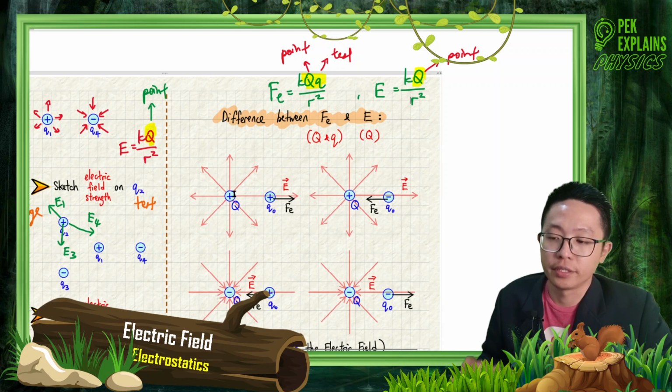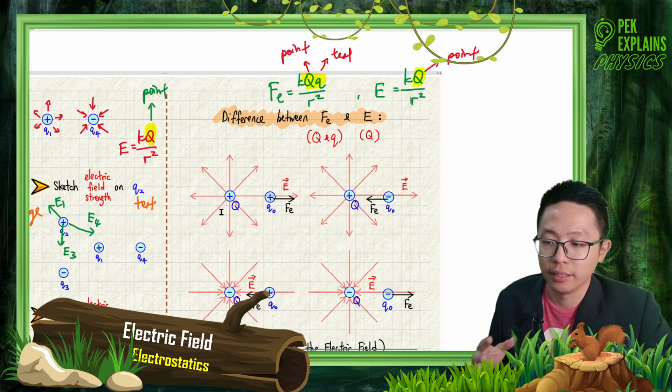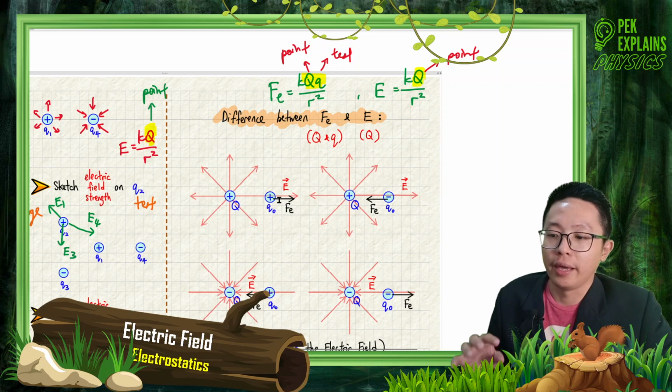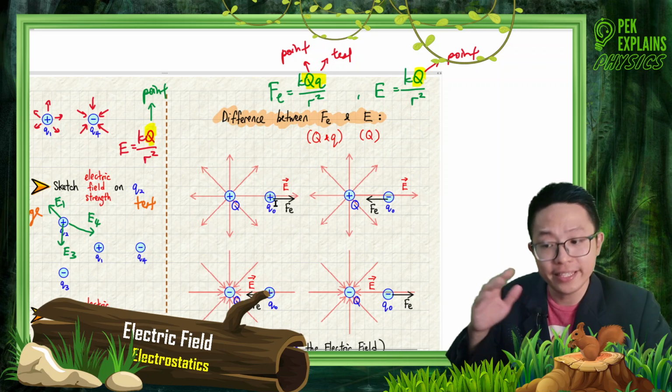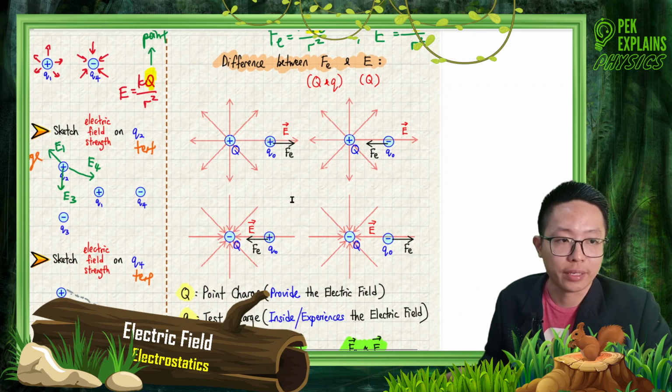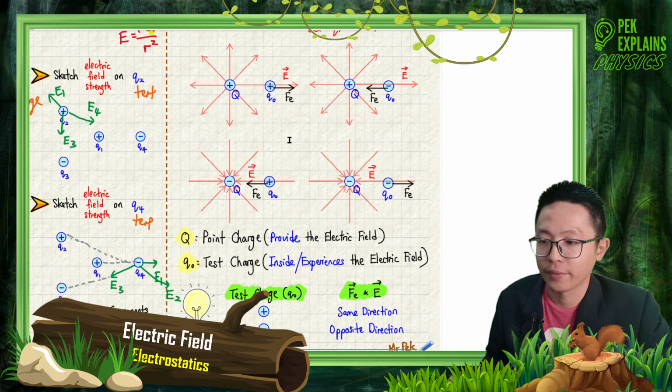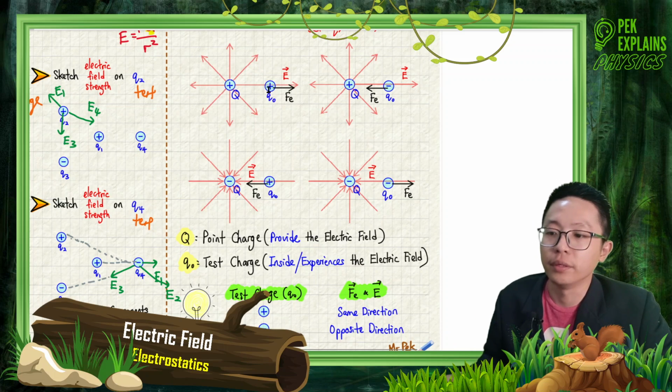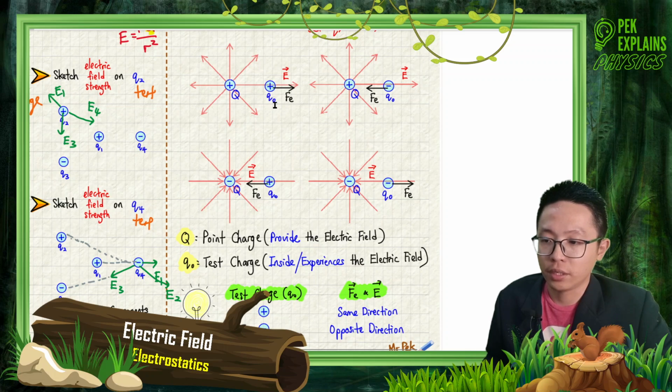The point charge is the one that provides the electric field, and the test charge is inside it. Here, the big Q is the point charge, and the small q, Q naught, is the test charge.